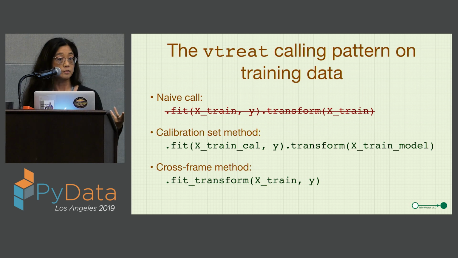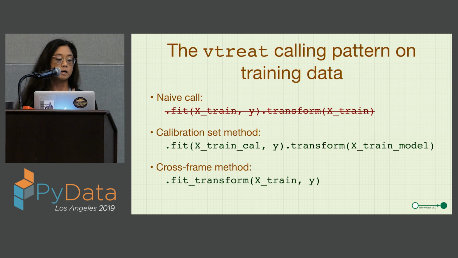If you do not have enough data to split into calibration and training, then you call fit_transform on all of the training data, and that will simultaneously fit an appropriate treatment plan and create a cross-frame, which again will be safe to use for training a downstream model.